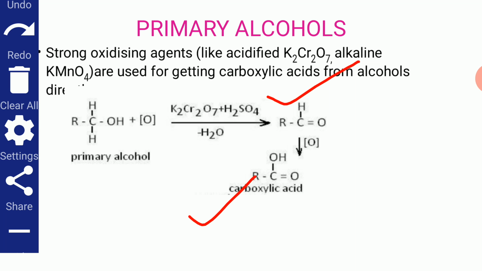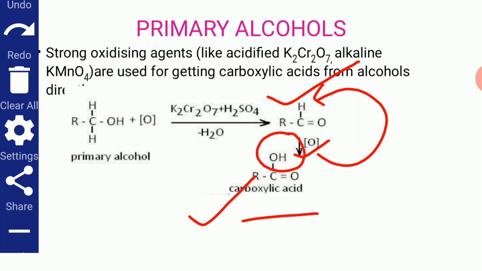I repeat, the aldehyde so formed from the oxidation of primary alcohol will yield the carboxylic acid on oxidation. The oxidizing agent will provide nascent oxygen which will get added to the hydrogen to form the carboxylic acid.